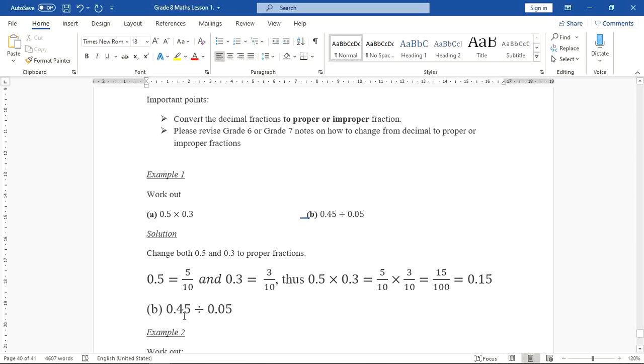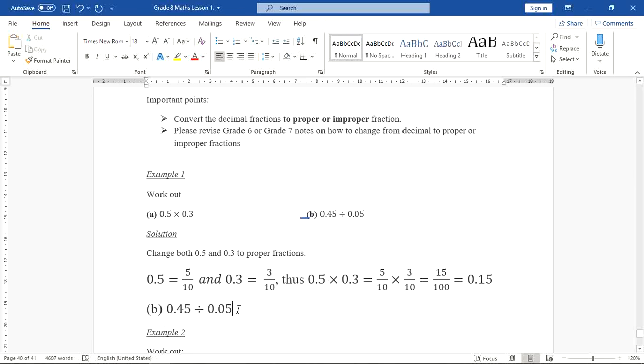Again, if there are two numbers after the decimal point, you divide by 100. If it was three numbers after the decimal point, you should divide by 1000.